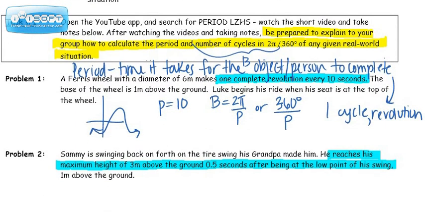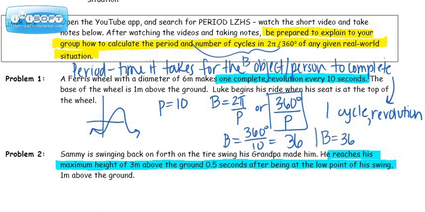There's no wrong answer. However, I'm going to choose to use the 360 just because I would assume that the majority of students would use that. So b is going to equal 360 over 10, also 36. So when we plug the b value into our equation, we would use b equals 36.